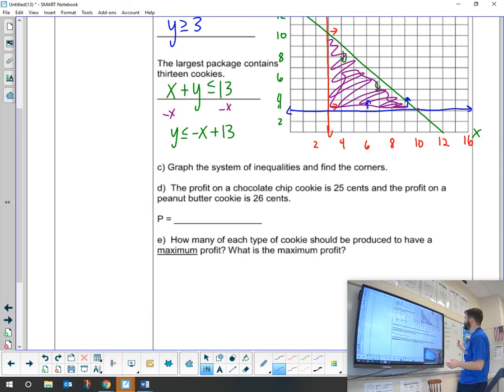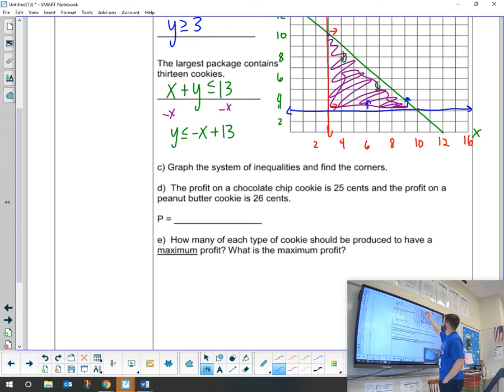The profit on a chocolate chip cookie is 25 cents, and the profit on a peanut butter cookie is 26 cents. How many of each type of cookie should be produced to have a maximum profit, and what is the maximum profit? Well, we make more money for peanut butter cookies.